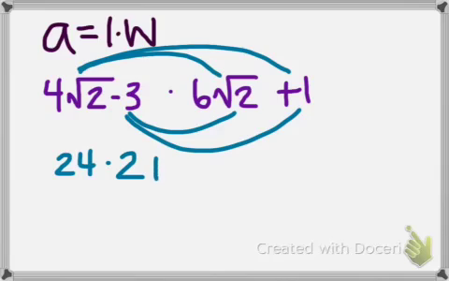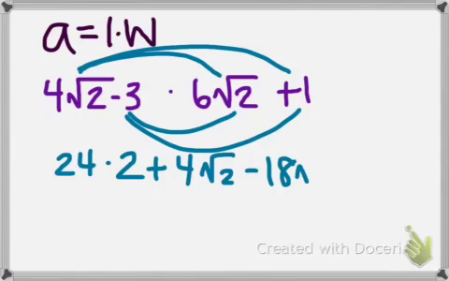Then you add 4 radical 2 times 1, which is just 4 radical 2. Next you take negative 3 times 6 radical 2, which is negative 18 radical 2. And lastly, negative 3 times 1, which is just negative 3.